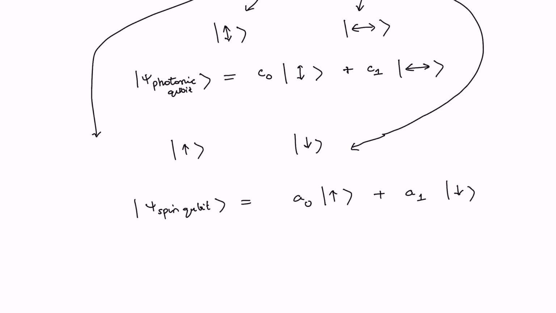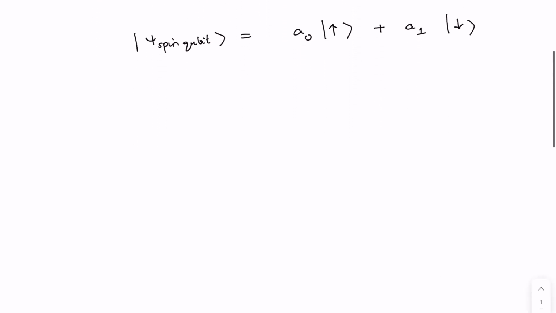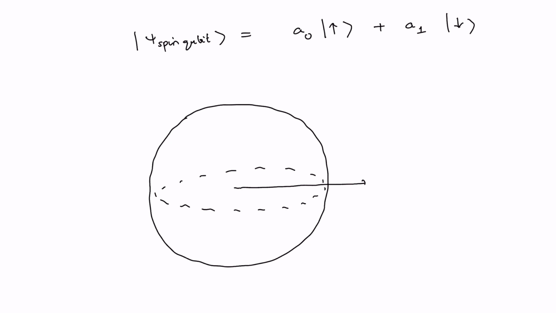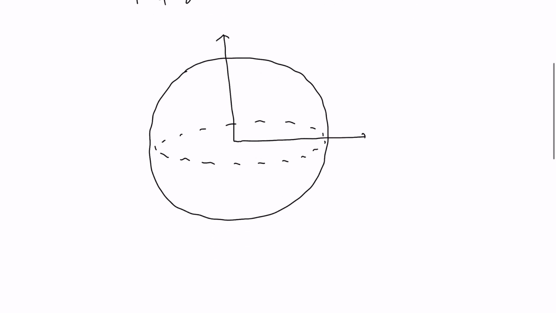Now, as we have learned, the most useful representation of the qubit is the so-called Bloch sphere. Here I am drawing a Bloch sphere. Every point on the surface of the Bloch sphere represents a qubit state.